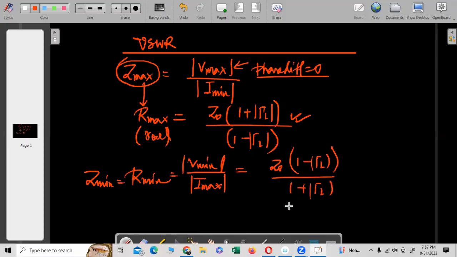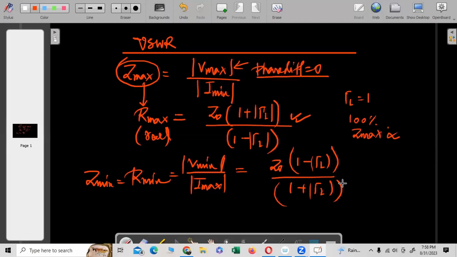And why is it so? You can easily see if mod gamma L is almost equal to 1, it tends to infinity. An interesting observation again. Gamma L is 1 means what? Full reflection. When it is 100% reflection, then your Z max is almost infinite.